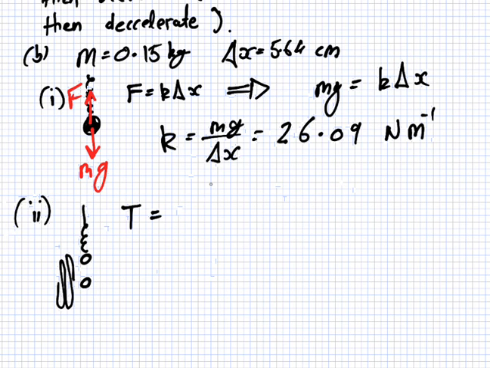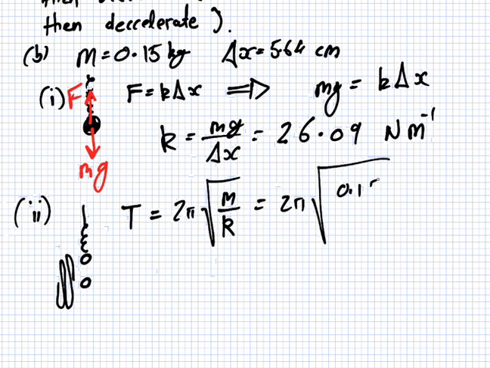Yes. 2 pi root m over k. So that would be 2 pi root 0.15 over 26.09. Not so difficult really. 2 pi root 0.15 over my previous answer, and I get 0.476 seconds.